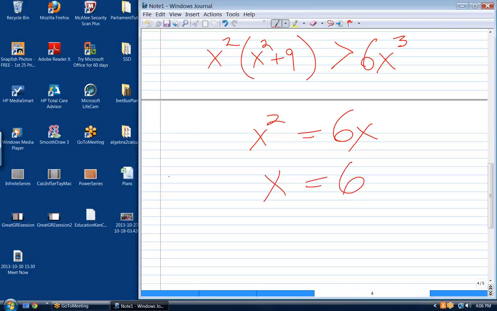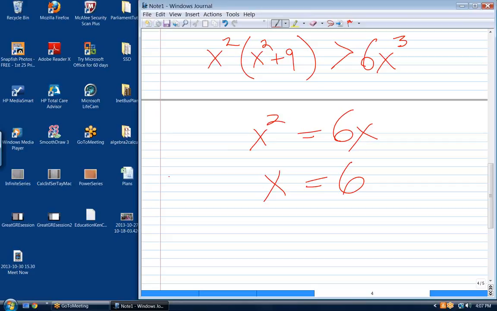Negative 6? No. Negative 6 doesn't work because negative 6 squared would be 36. On this side we'd have negative 36. But there is another solution. But we lost it, and we lost it because you divided both sides by x, and x has the ability to be 0.